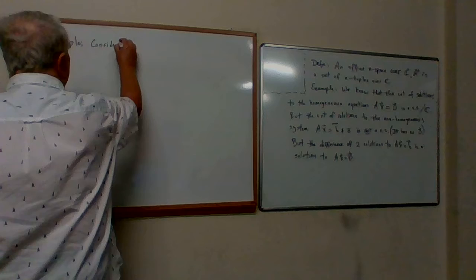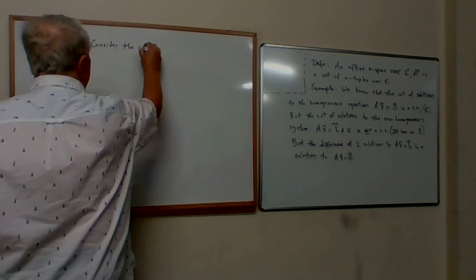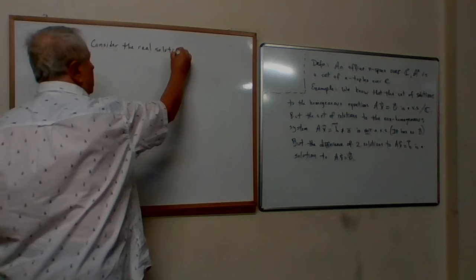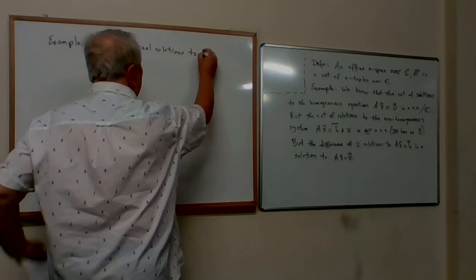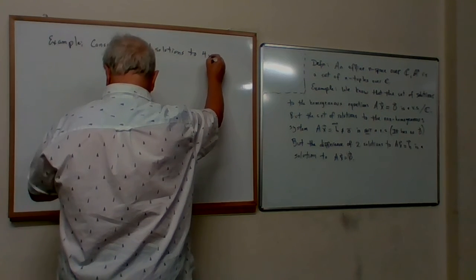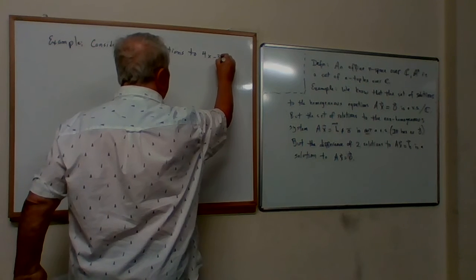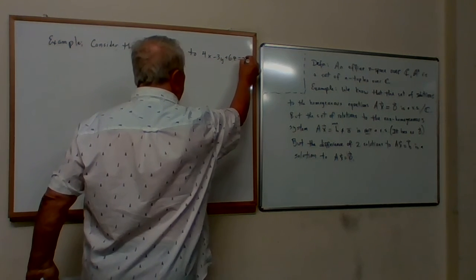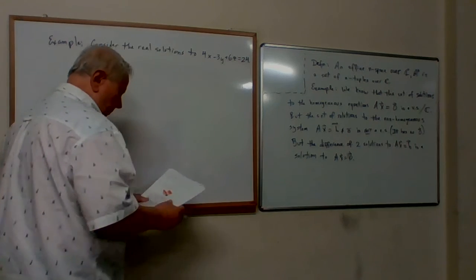Consider the real solutions to 4x minus 3y plus 6z equals 24.